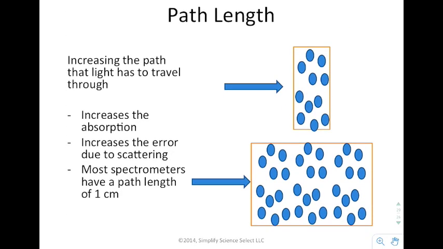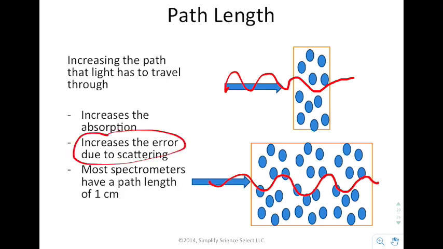Okay, next is path length. Whenever you increase the path length the light has to travel through, you're going to increase the absorption. For example, if light comes through a short path, it's very unlikely that it's going to hit one of these molecules. But if I have a larger path length, it's more likely that it's going to interact with one of these molecules at some point. Increasing it also increases the error due to scattering.